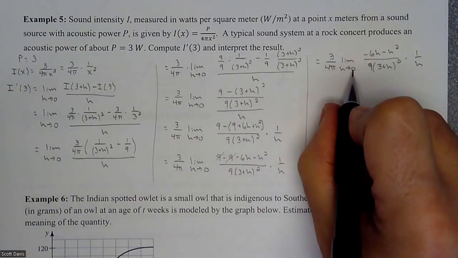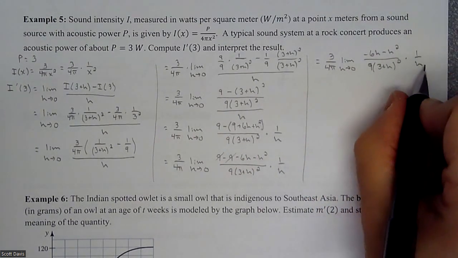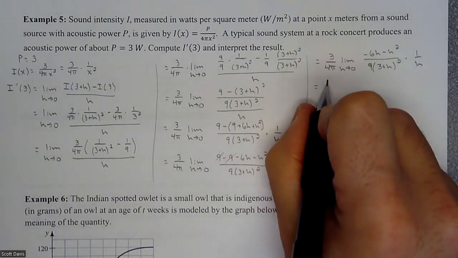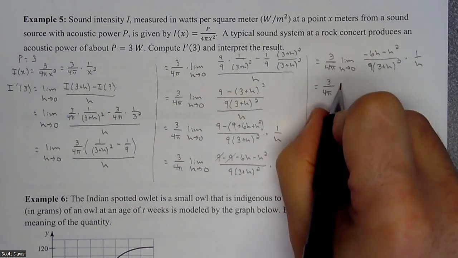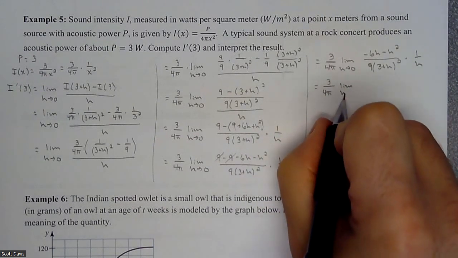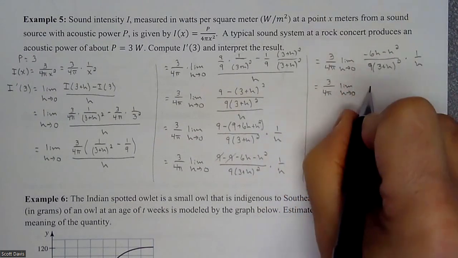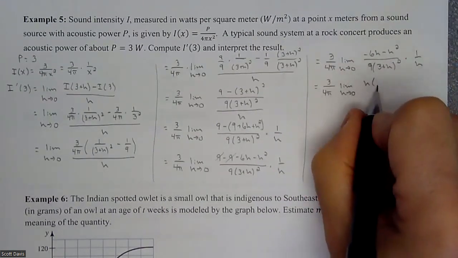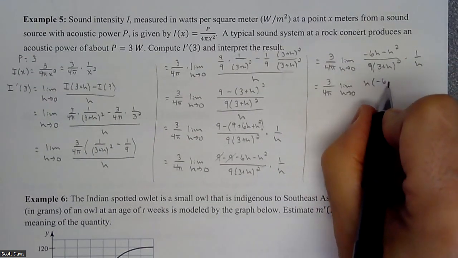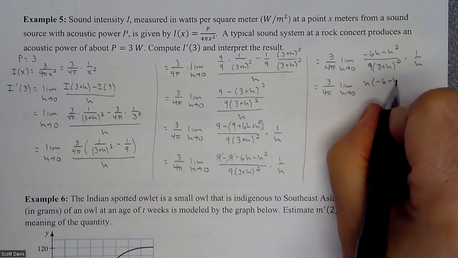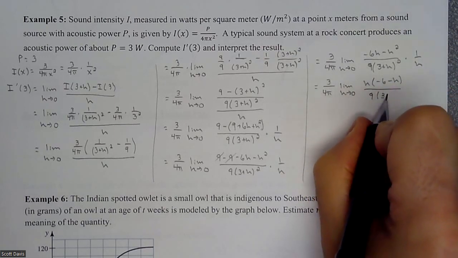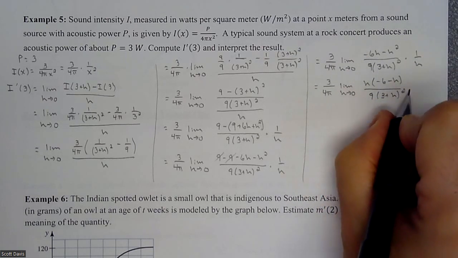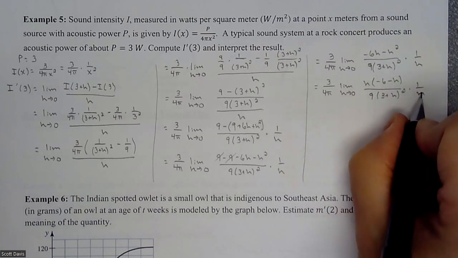Because right now, if we plug in 0, we'd have a 0 over 0, which means the limit exists. We just have to adjust. So limit as h approaches 0, we factor an h out, and we'd have a negative 6 minus h over 9 times (3 plus h) squared, times 1 over h.